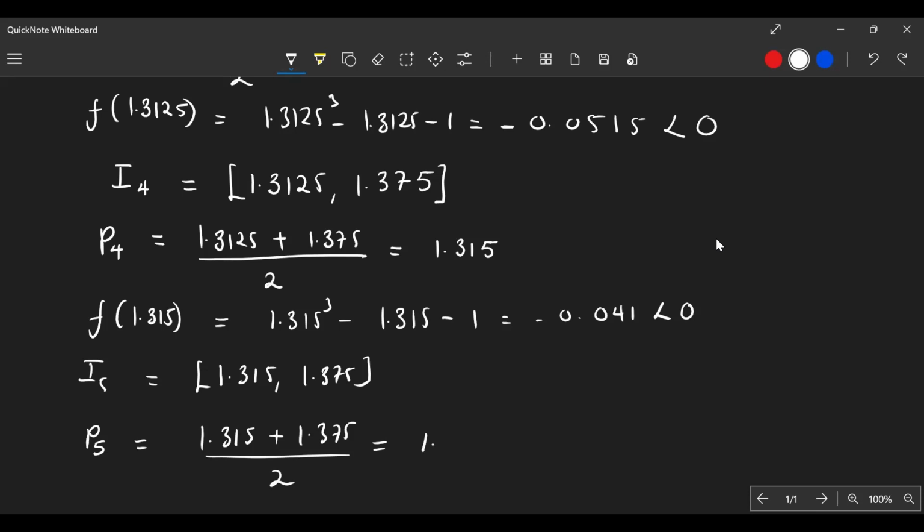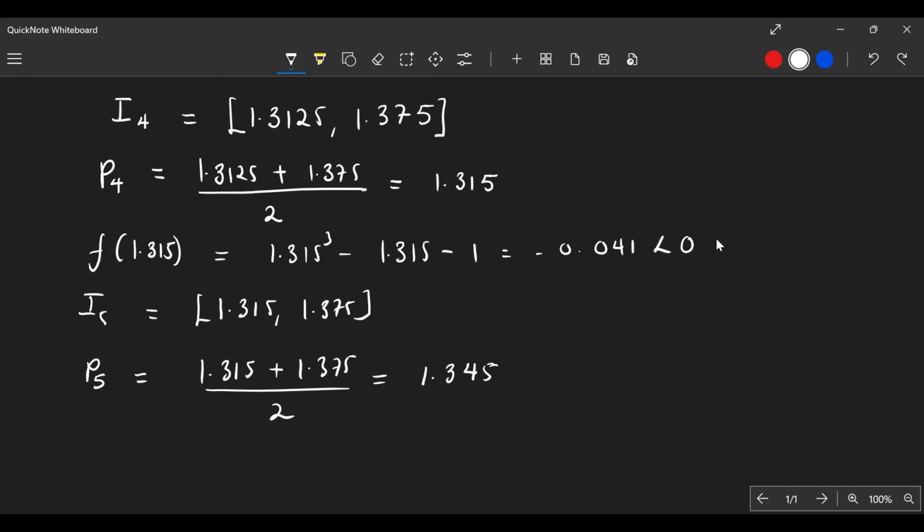So I have 1.345. And I can substitute this 1.345 in my function. So I have 1.345 to the power 3 minus 1.345 minus 1.